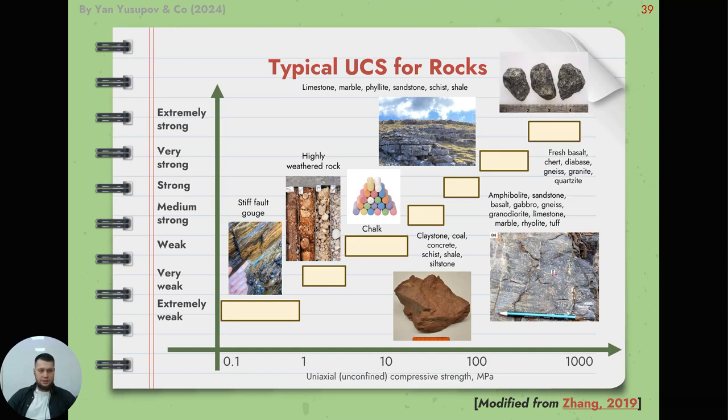And at last, extremely strong rocks include fresh basalt, chert, diabase, gneisses, granite and quartzite. The UCS is more than 250 megapascals.